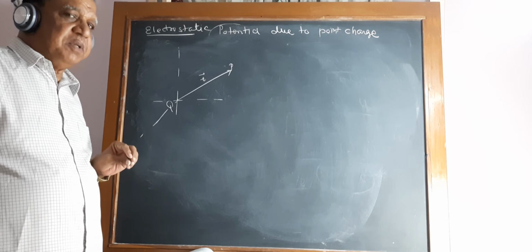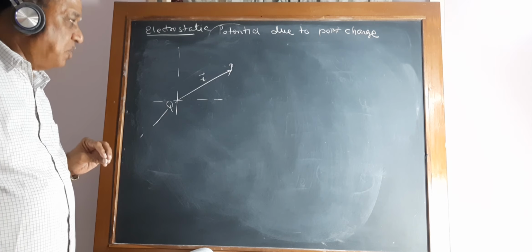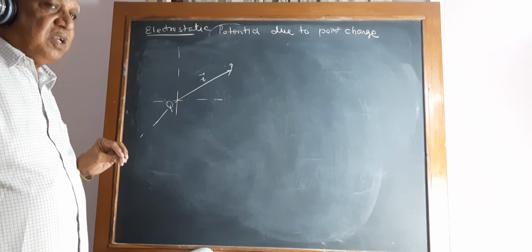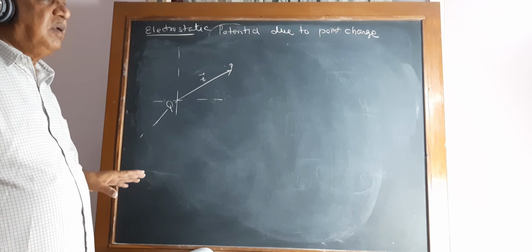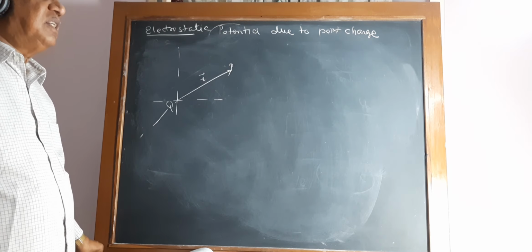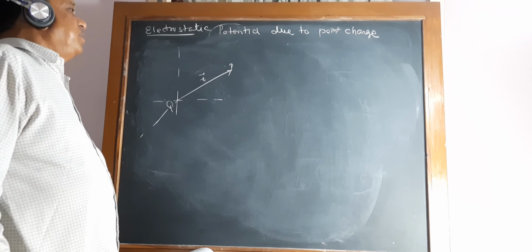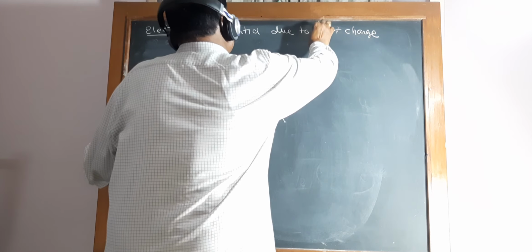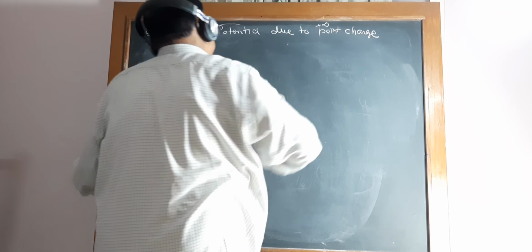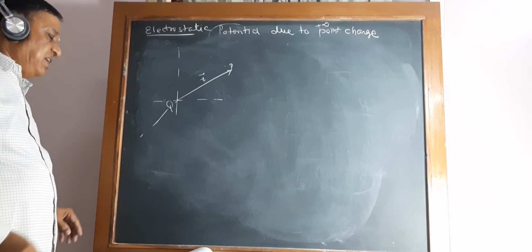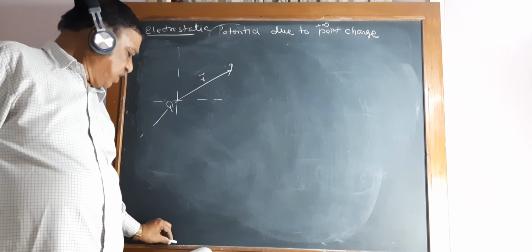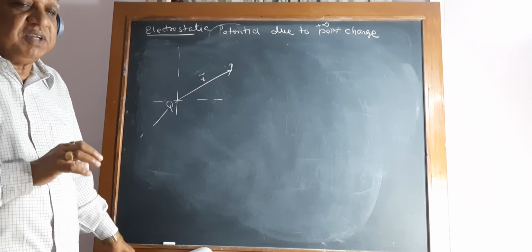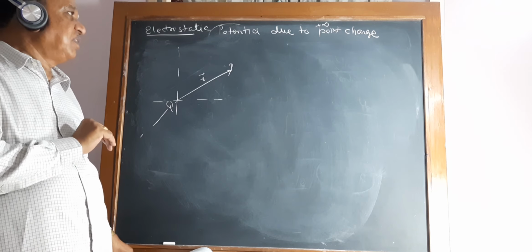As you know the definition, potential at point P means we are bringing unit test charge, unit positive test charge from infinite to point P. So this is infinite point. As we have discussed, this work does not depend upon the path on which we are bringing the charge.